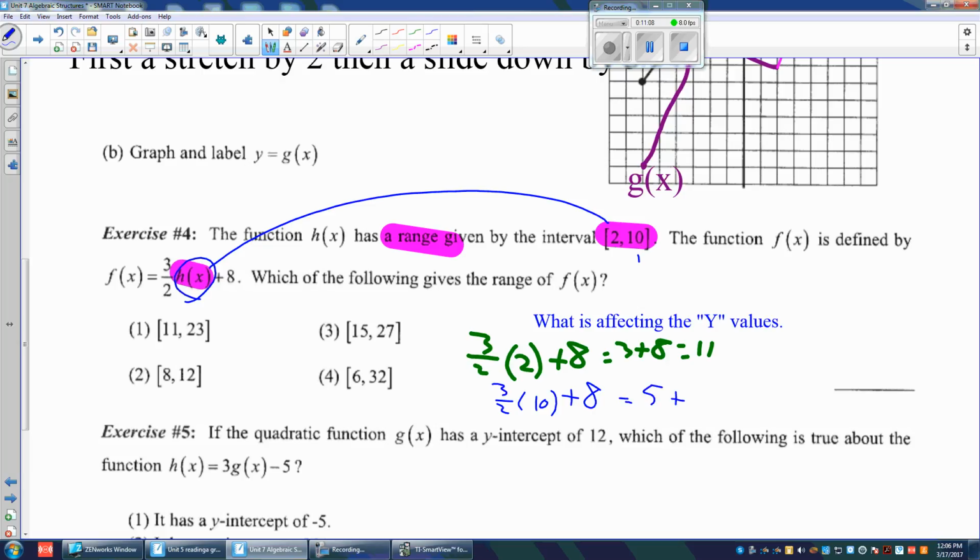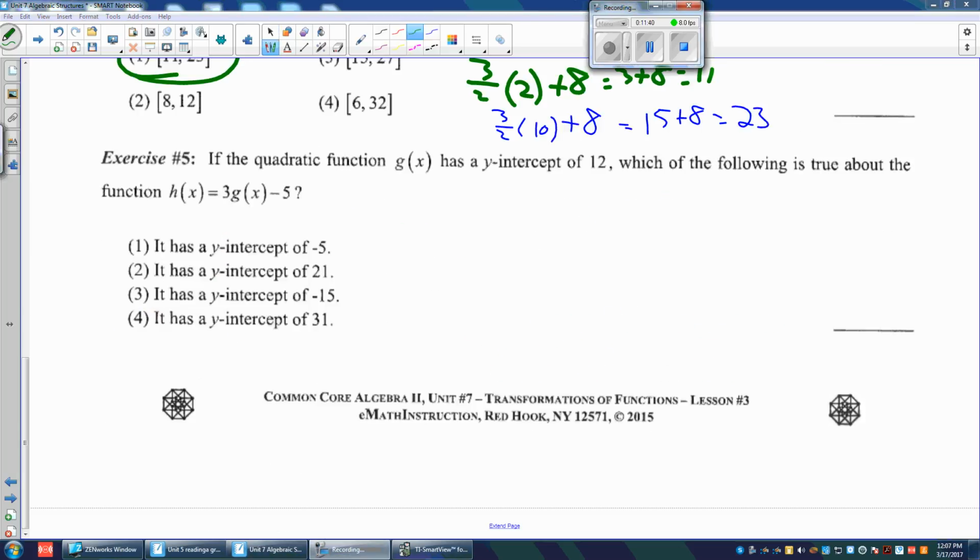So this is 5 plus 8, which is 13. No, it's not. Try again, Mr. Bryce. The 5 part was the first part, so it's 5 times 3 is 15. So it's 15 plus 8, and that is 23. So it is from 11 to 23. I didn't even see it with multiple choice. I guess I'm better to be good than lucky.